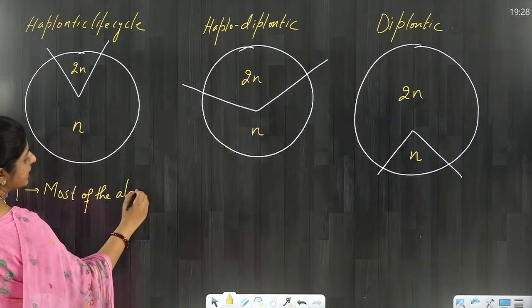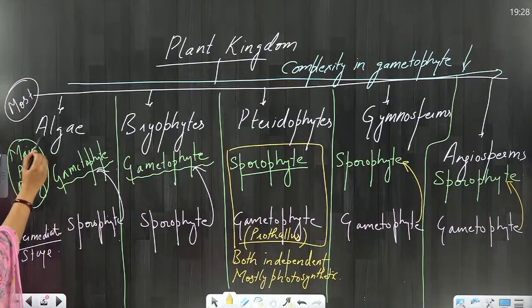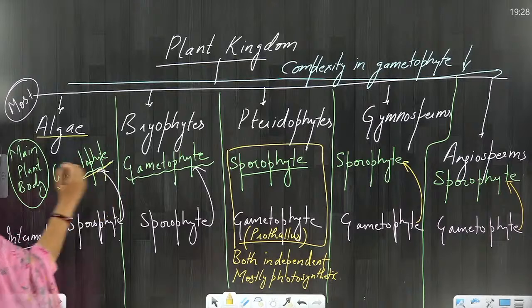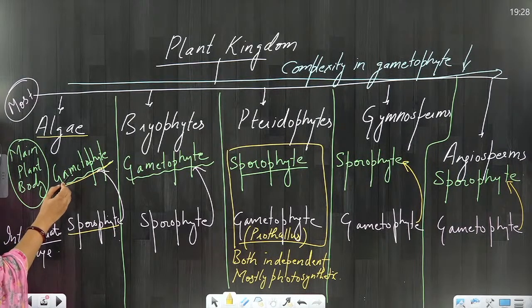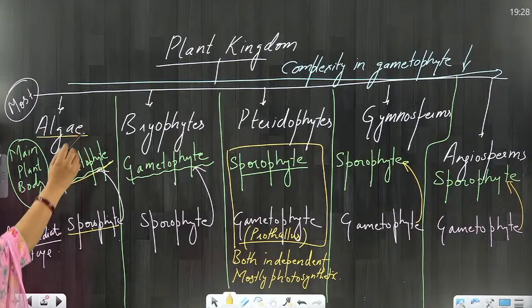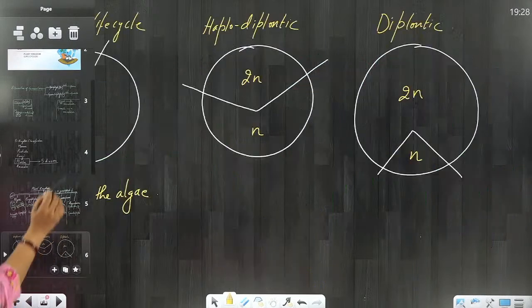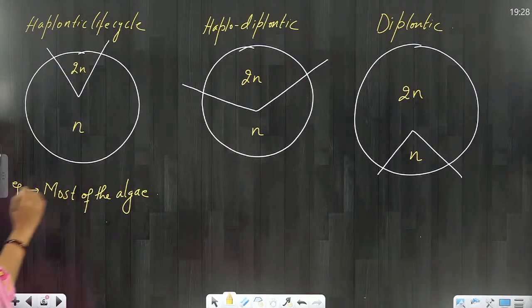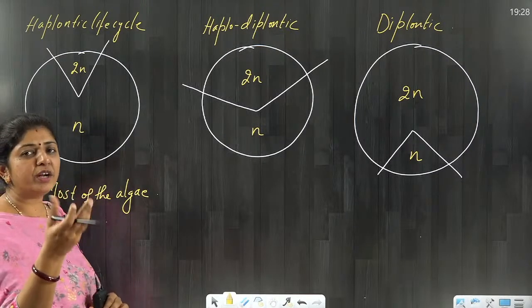And just now I said you, according to previous slide, if you remember, in alga what is the main plant body? Gametophyte. And in between plant body form is what? Sporophyte. What is a gametophyte? Haploid. Sporophyte is diploid. Gametophyte forms the gametes, sporophyte forms the spores. Now coming back to this part, if I am taking most of the alga is showing haplontic life cycle, alga basically having which type of main plant body?